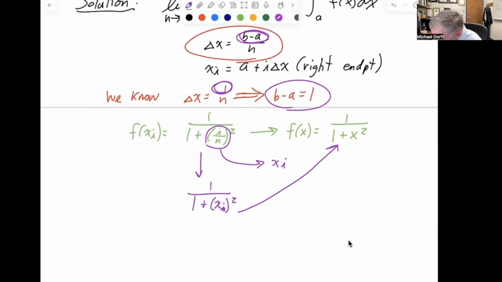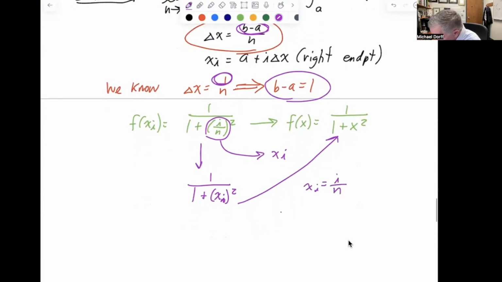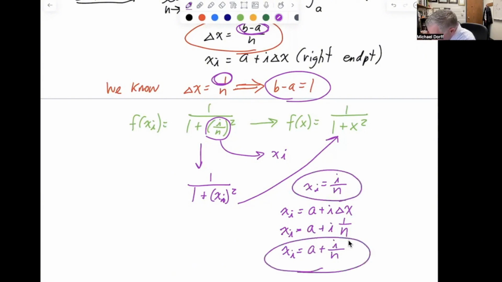And since x sub i is what we circled here, i over n, and remember x sub i equals a plus i delta x, all right? But we also know that delta x is 1 over n. So we have x sub i equals a plus i over n, all right? But we said x sub i equals i over n. So if these two are the same, this means a has to equal 0.